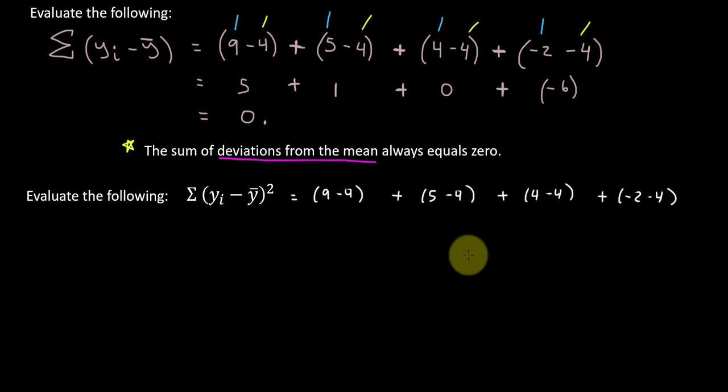But this time, these deviations need to be squared. Is the answer going to be 0 again? No way. Because this time, we're going to take these subtractions and square them.